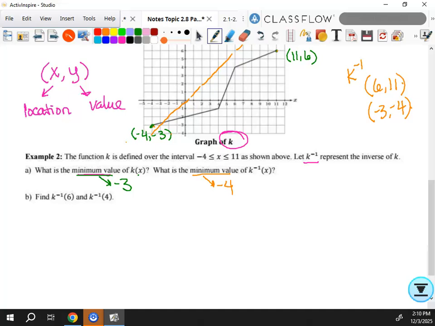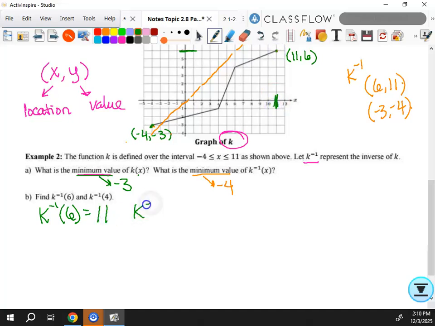All right. So then we need k inverse of 6. If I want to find k inverse of 6, what do I look at on my graph? Where do I look for 6? The y-axis. So this is 6. When y is 6, x is 11.